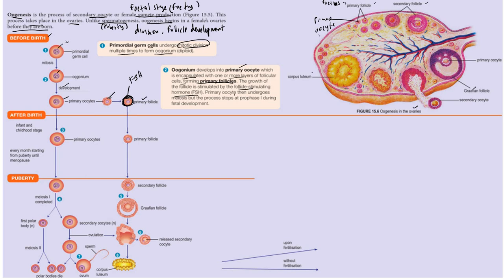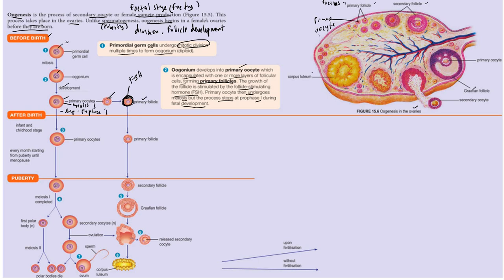Then the primary oocyte undergoes meiosis, but the process stops at prophase 1 during fetal development. So this primary oocyte will undergo meiosis 1 but stop at prophase 1.